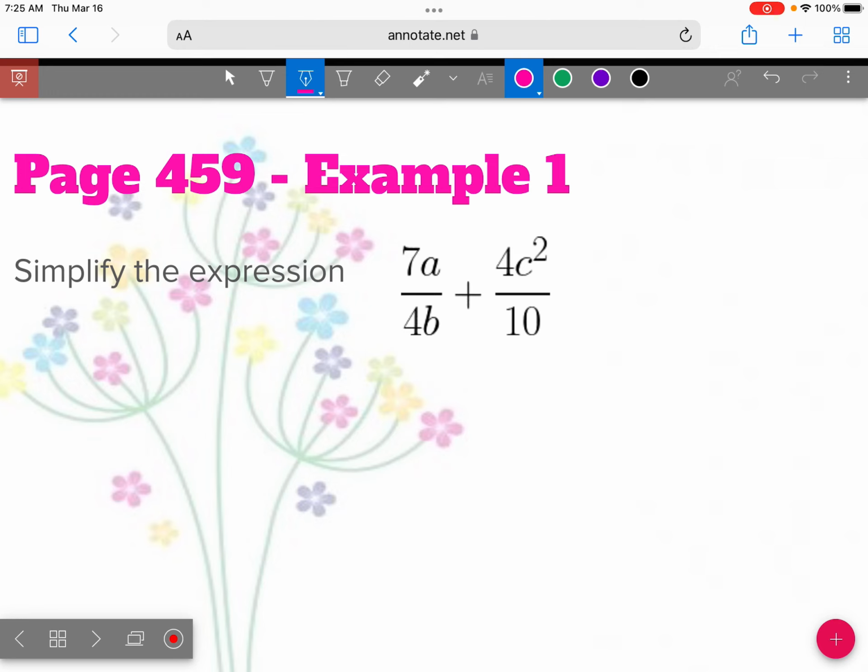Because we want to add these together, which means we need a common denominator. One option is to simply take whatever the denominator is of the other side and use that as your multiplier. Totally valid. The other option is to go, I would really rather not do a whole bunch of simplifying and find your least common denominator.